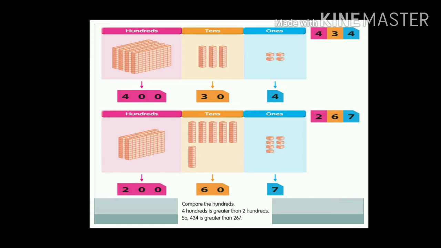We will first start with the hundreds. Over here, in the first number we have 400s, but in the second one we have only 200s. So which one will be the bigger one? Of course, by comparing the hundreds we can see that 400 is greater than 200, right? So 434 is greater than 267. Are you able to understand, children? Okay, let's move on and see some more examples.